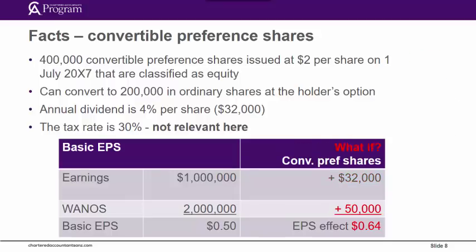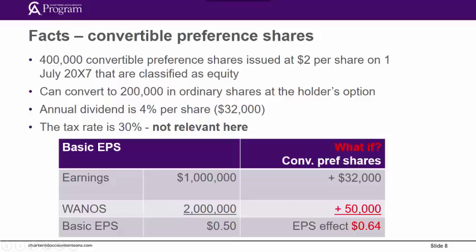I can do a bit of a what-if to show you the flip side. What if instead they converted to 50,000 ordinary shares? So 400,000 preference shares traded in for 50,000. You could see there the EPS effect would be 64 cents compared to our basic earnings per share of 50 cents. We'd say that they are anti-dilutive.